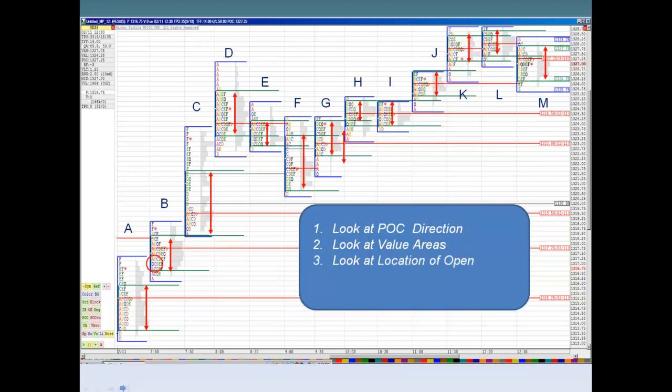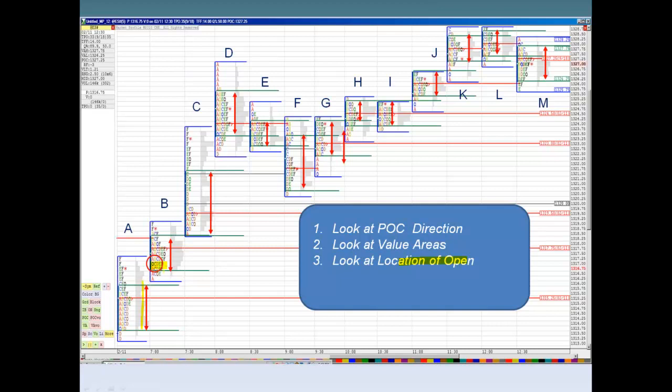All right, now I want to direct your attention to another important element that we want to look at and study on this fractal, or this mini profile chart. The opens. We've learned a lot about where the open occurs relative to the value area of the prior day. Now let's think of just the prior period.